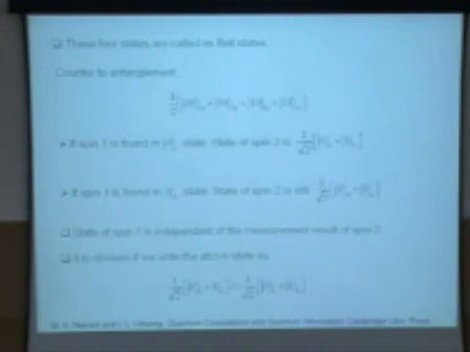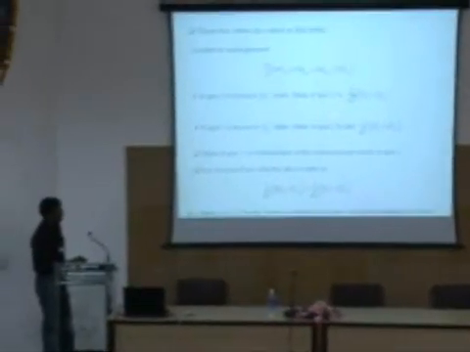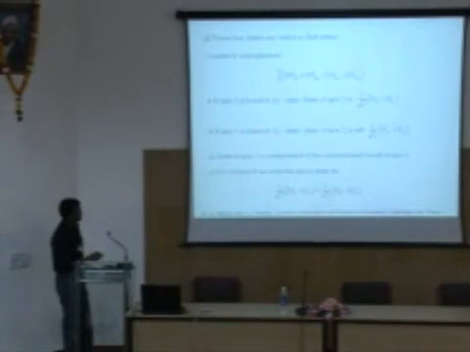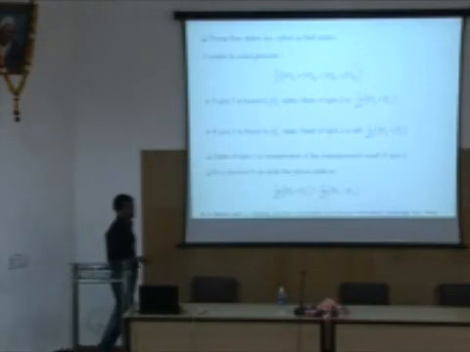To take a counter example of entanglement, we could define this state where if we measure the state of the first particle and find it in 0, the state of spin 2 is 0 plus 1 by root 2. In the second case also, if the spin 1 is found in ket 1 state, the state of spin 2 is again the linear combination of 0 plus 1.